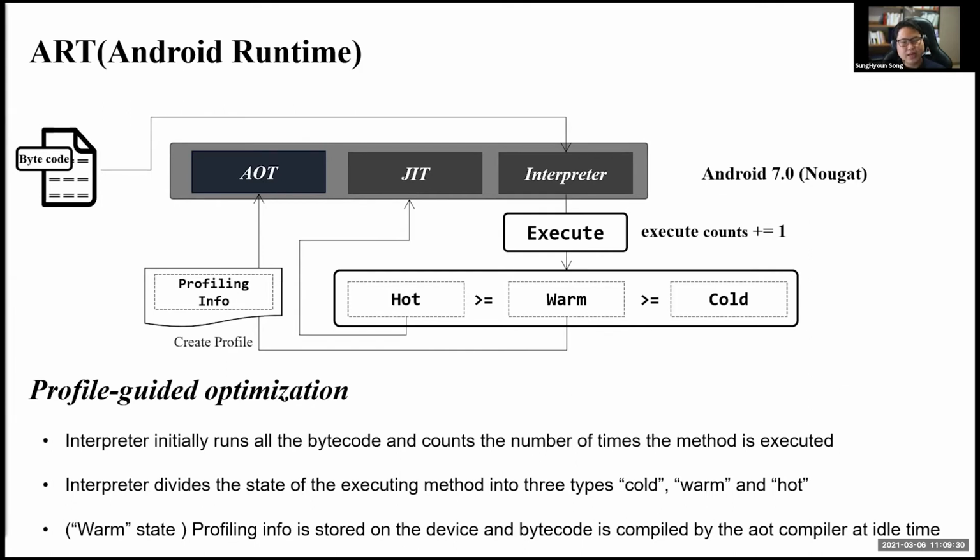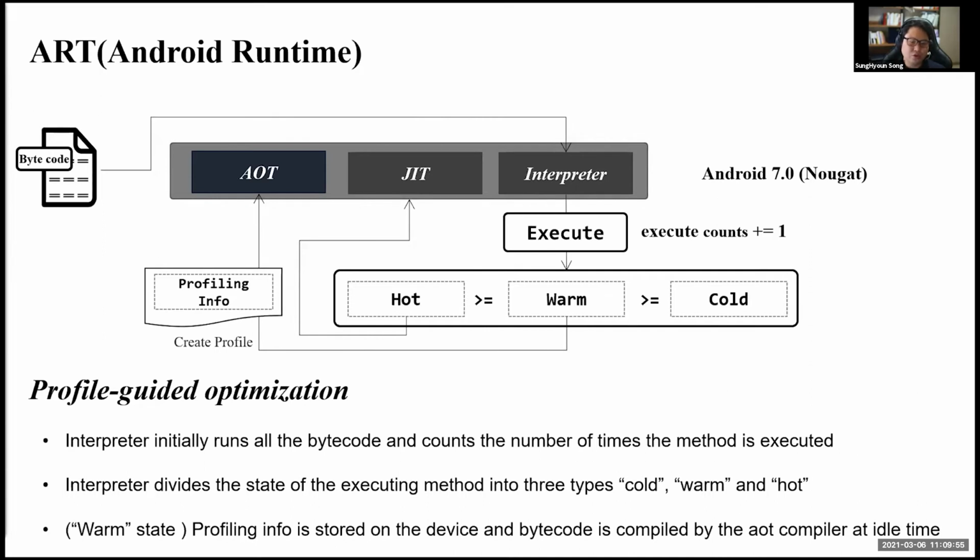As the number of executions increases, it divides the state of a function from cold to warm and finally hot. Once the state of a function becomes warm, profiling info is created to record information such as the number of executions, then saved in the mobile device.